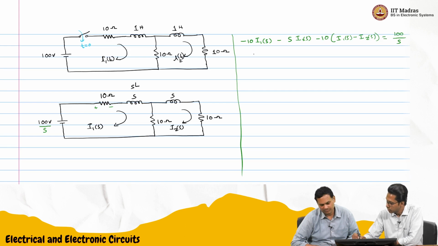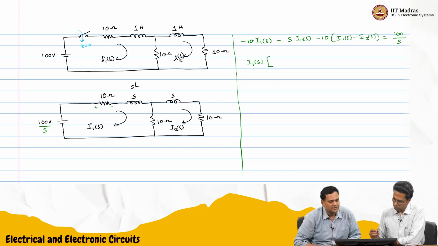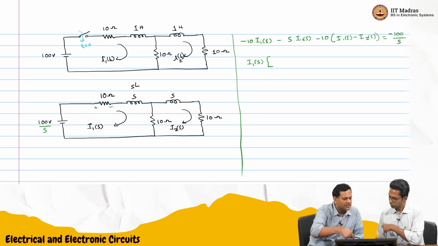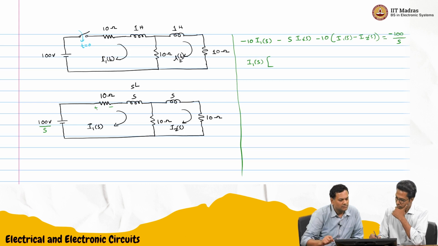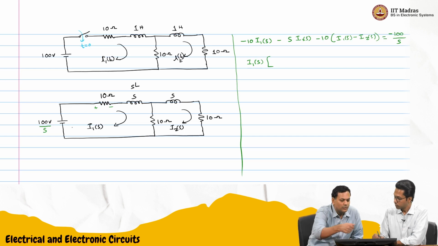We'll do some rearrangement. I1 of S into minus 10, so minus 11 S. Wait, is this correct? If you are going from plus to minus, it's negative, and when you equate it, you put it on the other side.